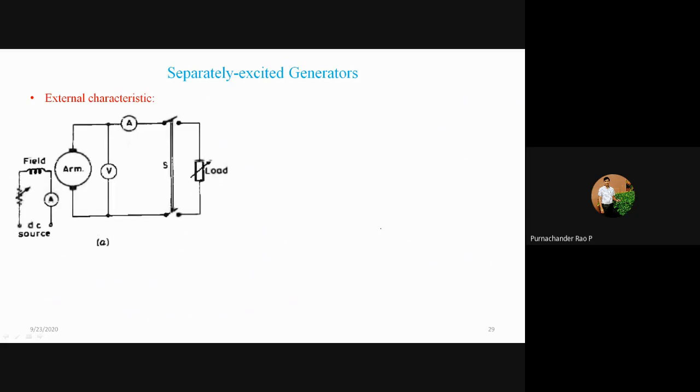The external characteristics can be obtained with the help of terminal voltage versus IL or IA, the load current or armature current, because both are the same, keeping field current and speed constant, at fixed values. So this is a connection diagram.